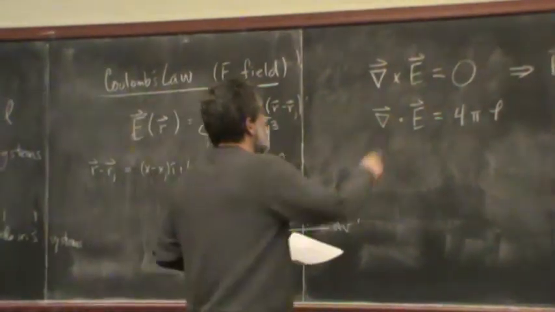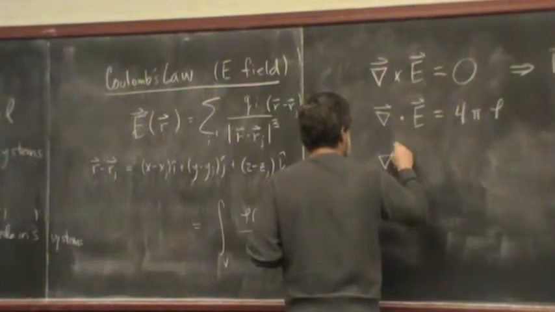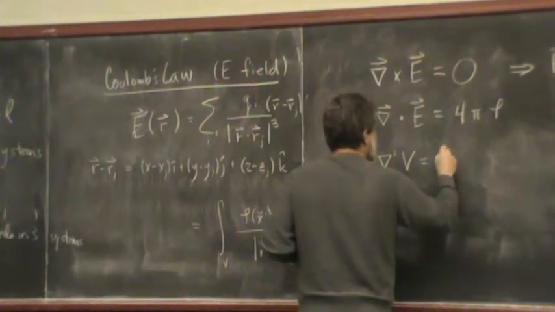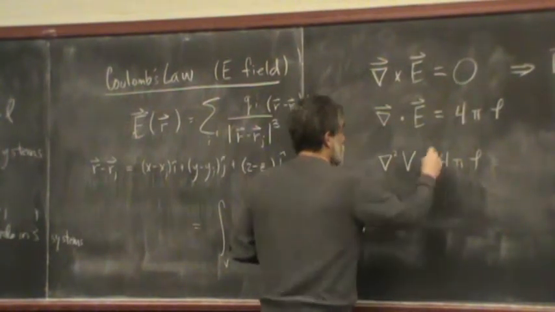And these two things together give us del squared V is equal to 4 pi, probably a minus sign, but I'm not sure.